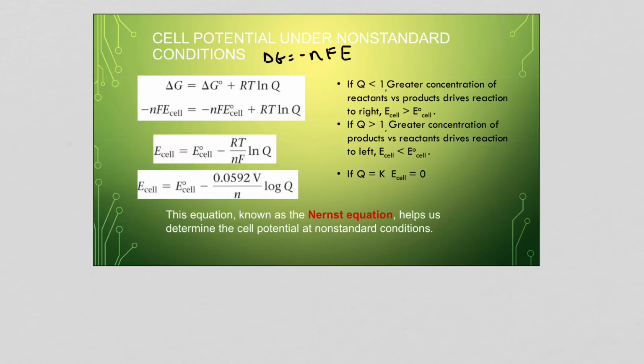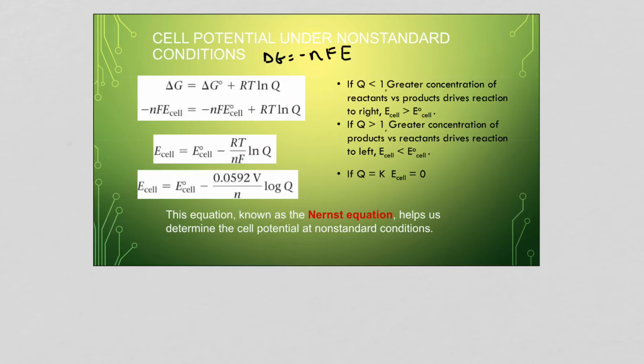Similar to what we saw with the standard condition equation, the way that this is commonly presented is by substituting in for R, T, and F. R and F are constants, and T is 298.15 kelvin. So we simplify this for that temperature, and change our natural log to a base 10 log, which is the standard way that we write this equation.